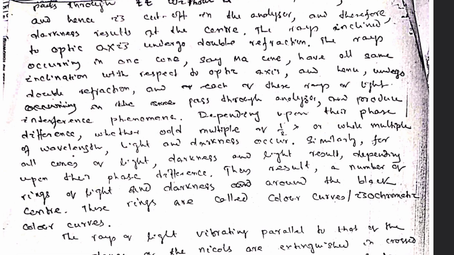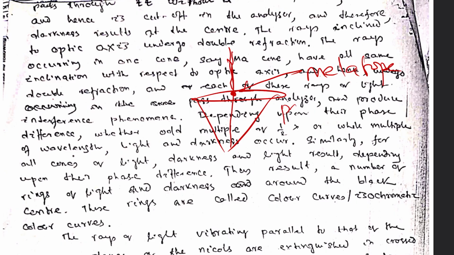So the light which is passing through the section in the middle is hitting the section perpendicularly, moving parallel to the optic axis. So it will be caught up in the analyzer producing a dark center, and this center is called the melatope, which shows the position of the optic axis.